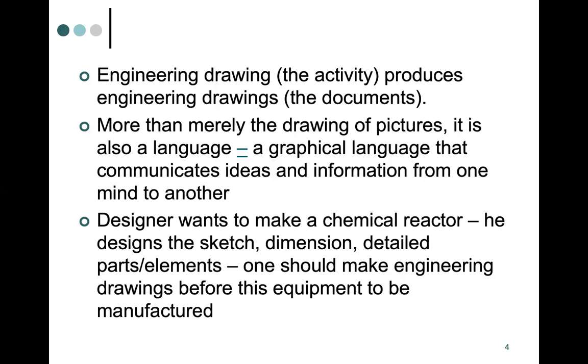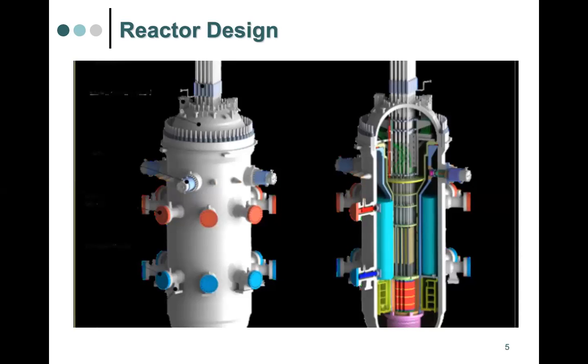The drafter is like a vocational graduate, D3 or something, who specializes in drafting. After that, they give it to the technician in the manufacturing workshop, and then they will build it. So this is an example of a chemical reactor.